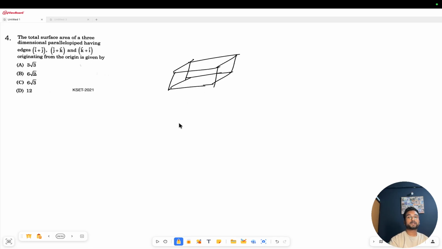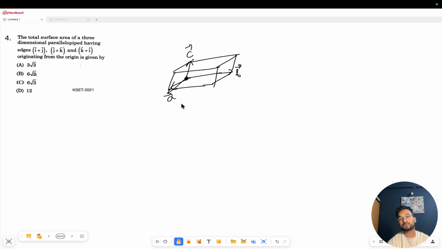Okay, so this is a parallelepiped. They have given us 3 vectors, vector a, vector b, vector c, originating from the origin.